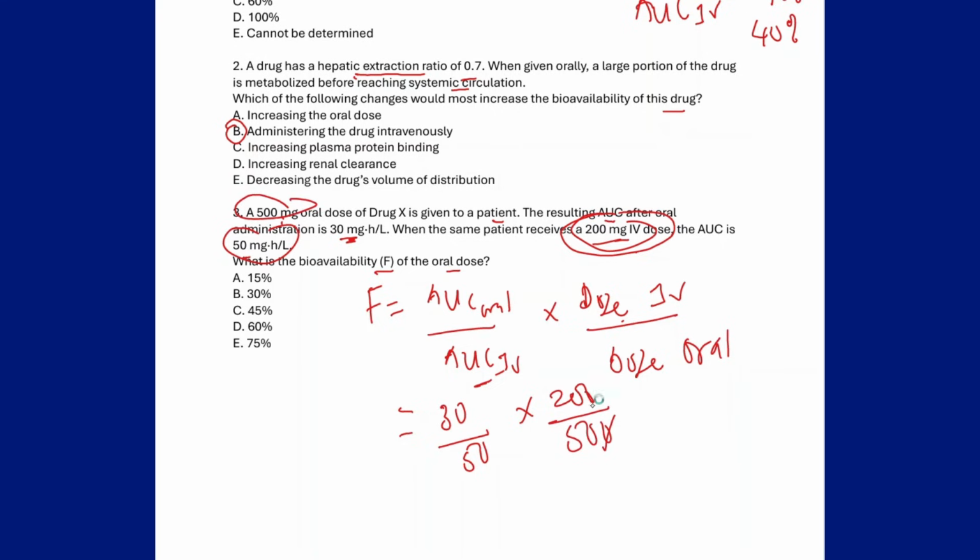So when we cancel these out, 3 times 2 is going to be 6, and then 5 times 5 is going to be 25. And when we divide these and multiply by 100, because you have to multiply by 100 to give you your bioavailability percentage, that will give us 24%. And then when you look through the options, the answer that is close to 24% is going to be what? 30%. So the best answer there will be D.